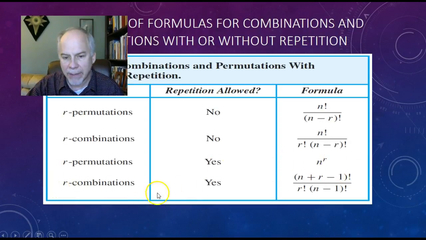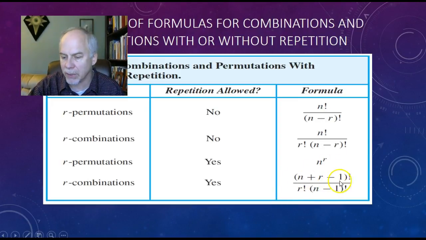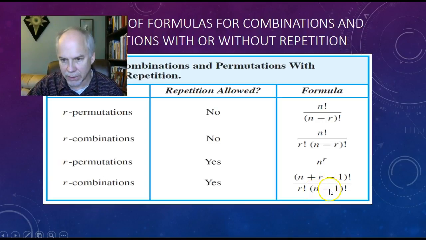And then r combinations, when you're allowed repetition, this is like the SUV, vans, sedans, and truck situation. You're allowed to repeat those. And so the formula is n plus r minus 1 factorial over r factorial times n minus 1 factorial, which is equivalent with what we already talked about.